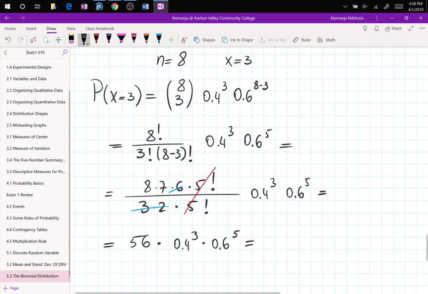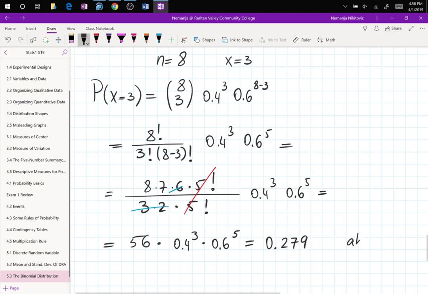So that's 56 times 0.4 raised to the 3 times 0.6 raised to the 5. And the probability is 0.27279.